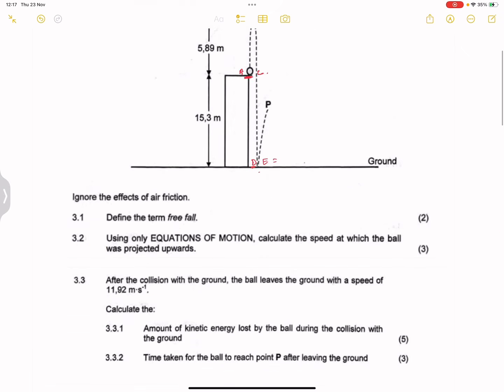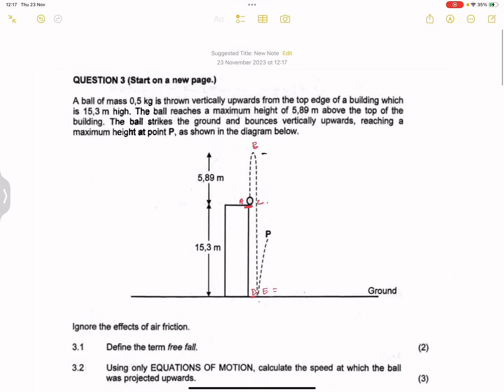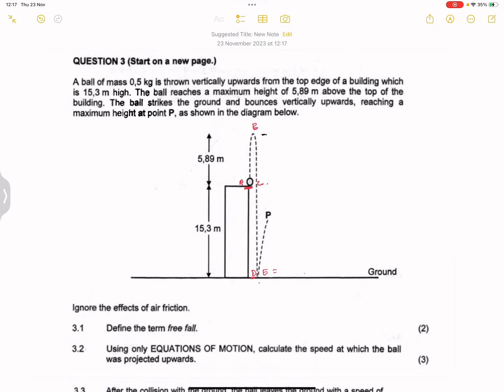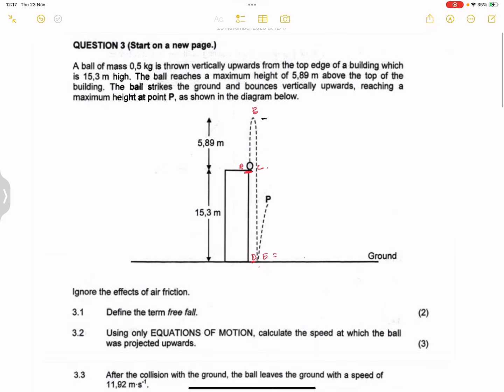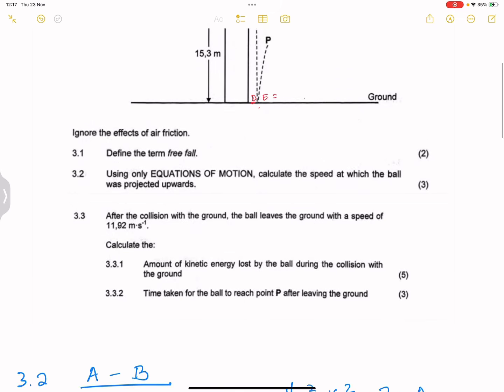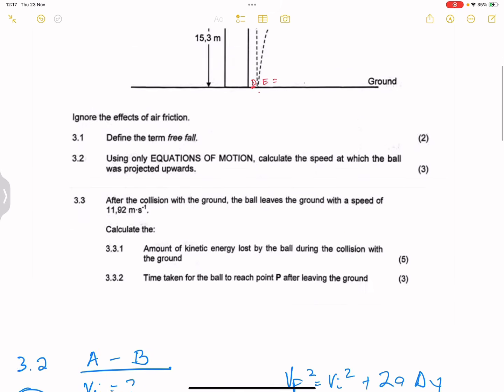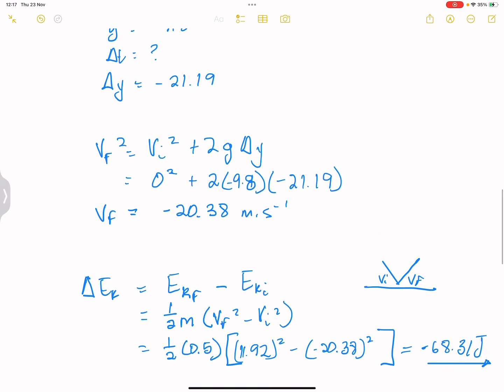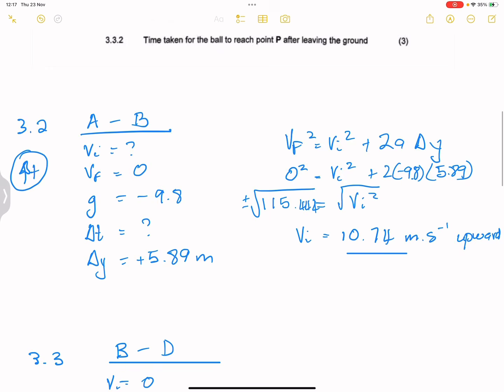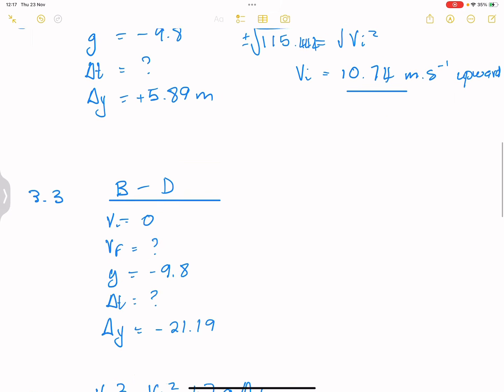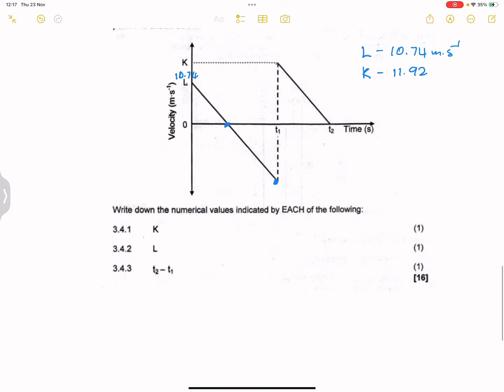Were we given anything related to time? Now I want you to please note, ladies and gents, there was really nothing given in terms of time, and I'm not sure why they gave this 1 mark.